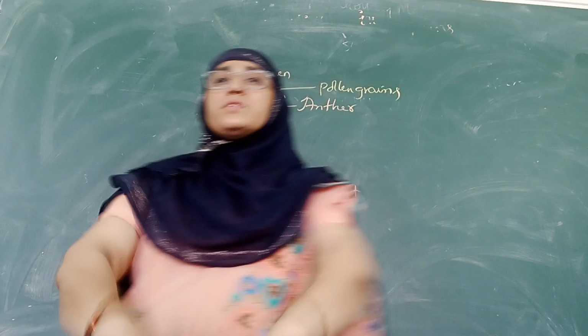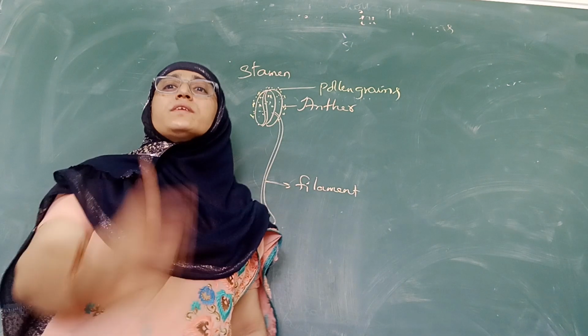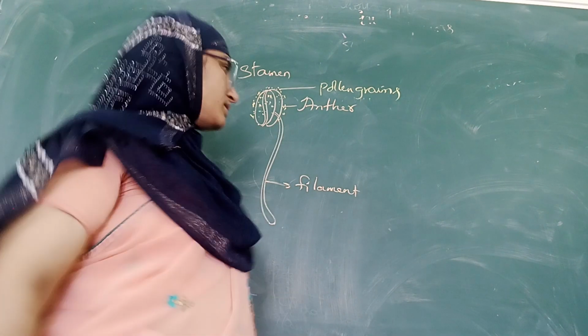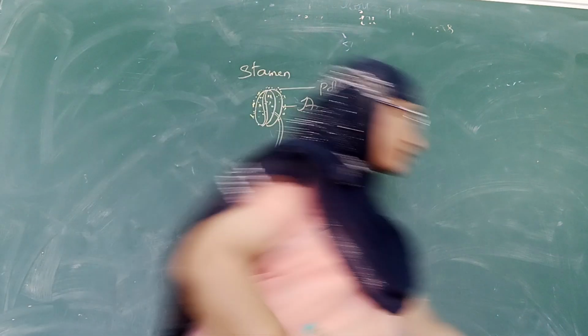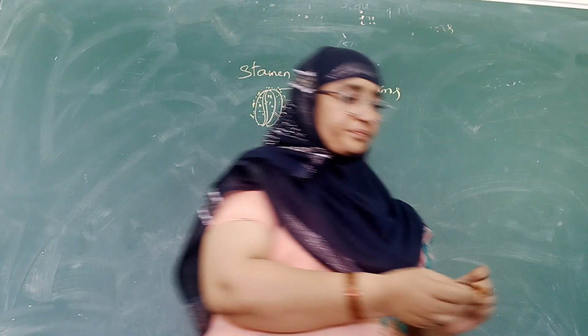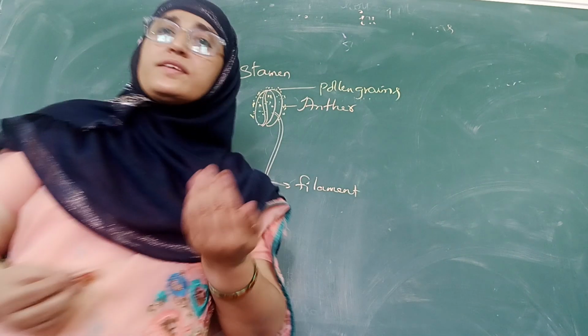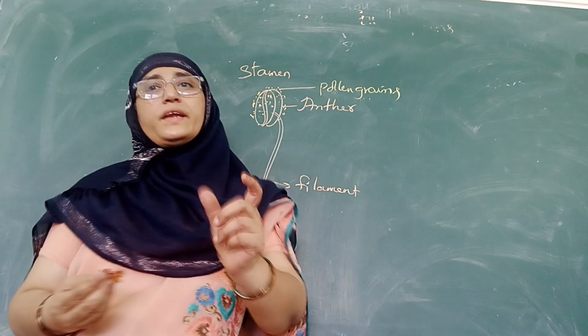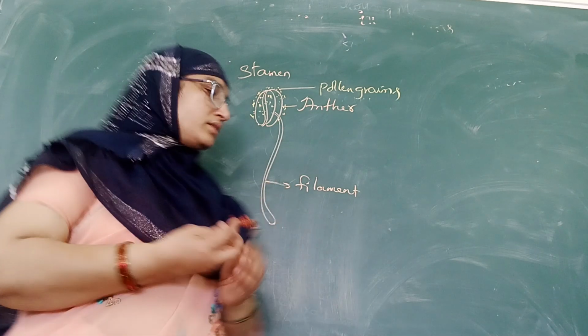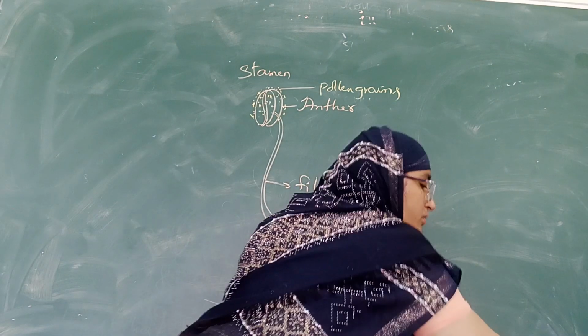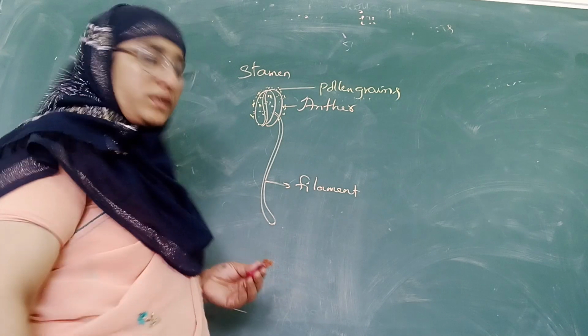Now, can we observe the structure of this pollen grain? Yes, just by following a small activity. First we take the flower and a glass slide, and onto the slide we transfer a drop of water.